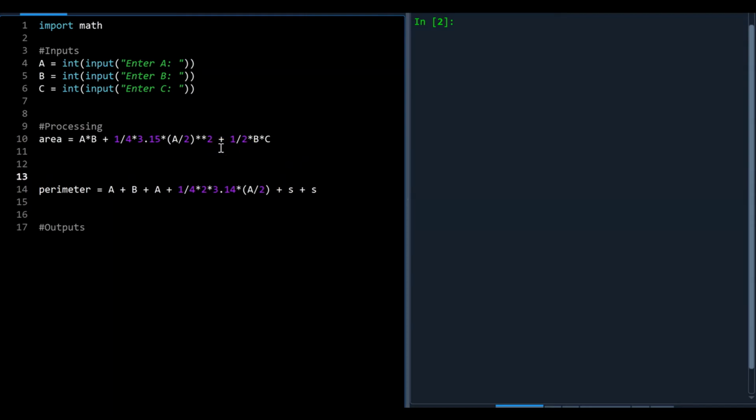So we actually need to do that first, because you have to calculate S before you can put it in the formula. So S would be the square root of (B over 2) squared plus C squared. Okay, so there I've got my area. Now I've got my perimeter.